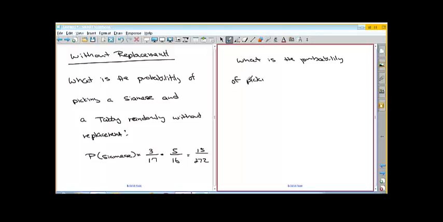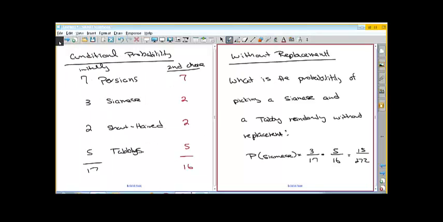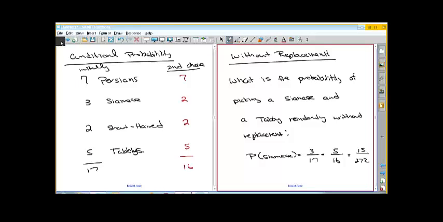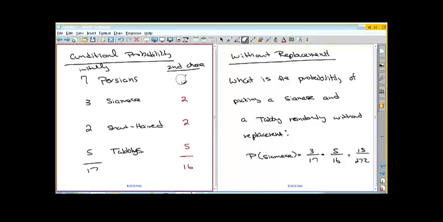So what is the probability of picking 2 short-haired? For the first pick, the first short-haired, we go back and erase these because these don't apply.